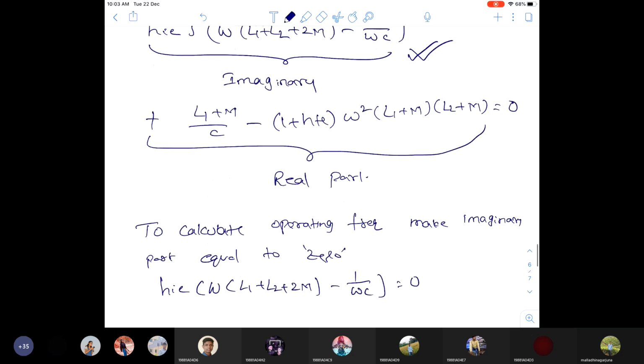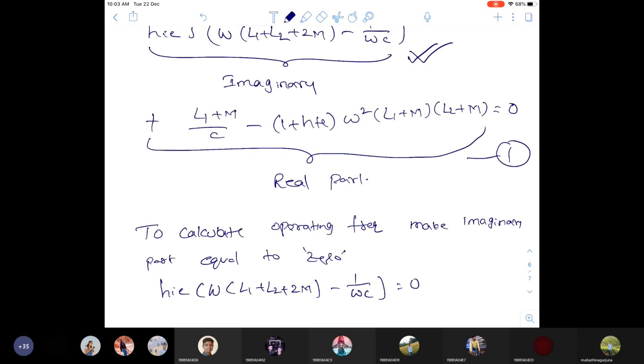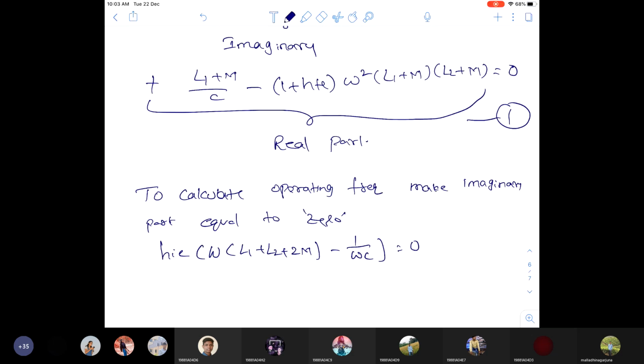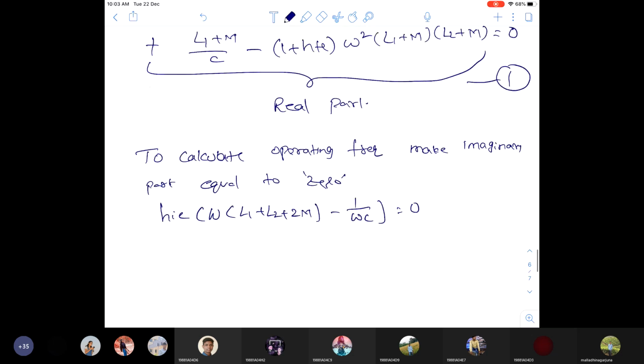Now let us assume that this is equation 1. In equation 1, I am taking only the imaginary part to calculate the operating frequency. So omega into L equivalent minus 1 by omega equal to 0.